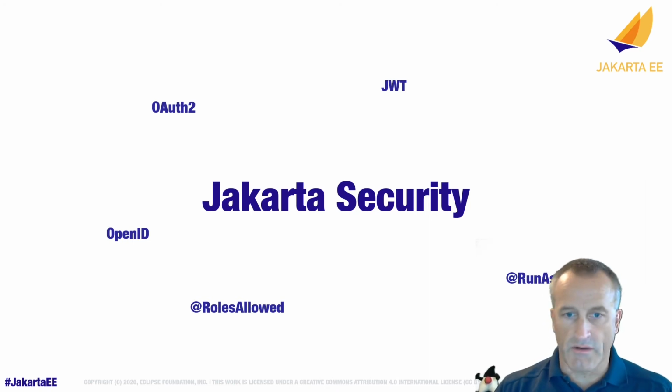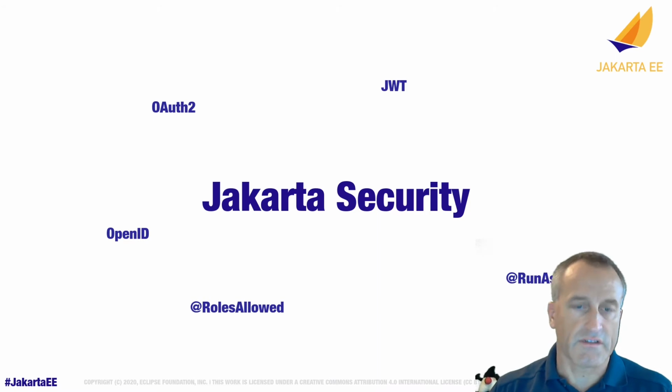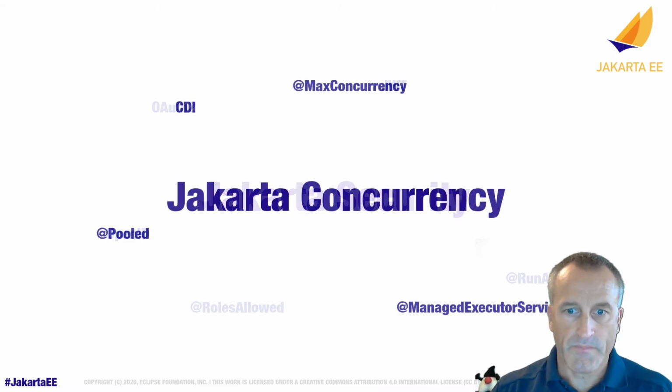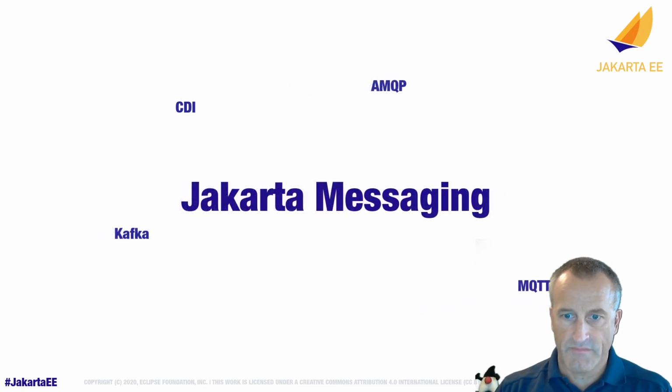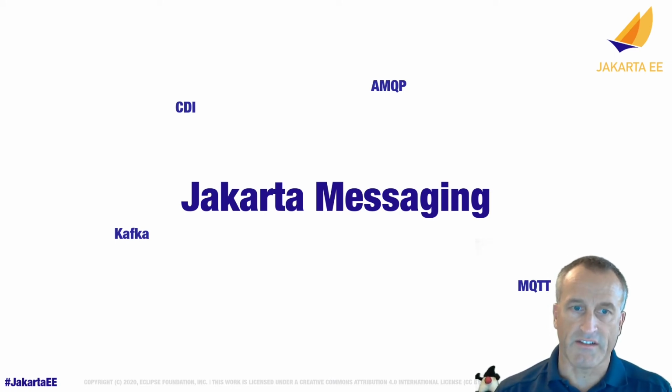So they will continue the work adding these features there. Concurrency is CDI alignment, adding some annotation support to make it easier to configure. For messaging, we're looking at some protocols, maybe AMQP, Kafka, MQTT, as well as continuing the CDI alignment that was started in previous releases.